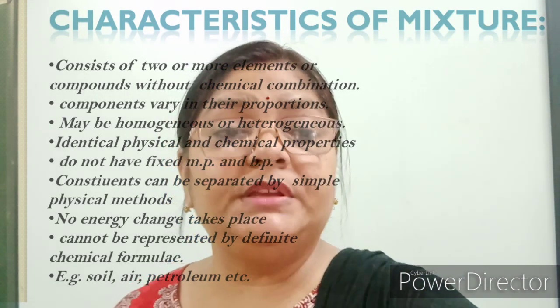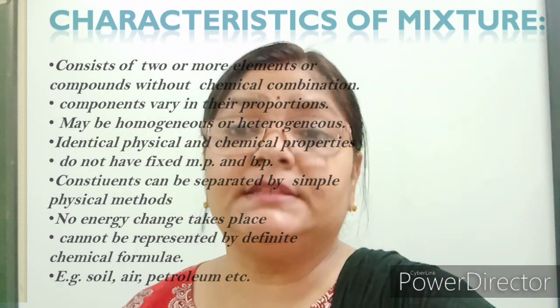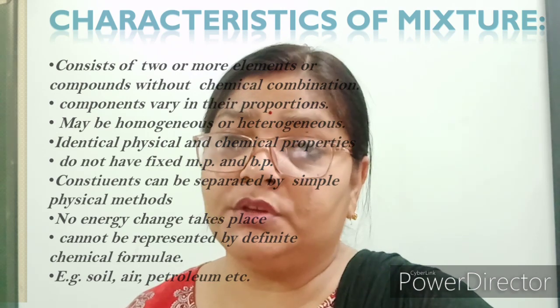Now the properties of mixtures. A mixture consists of two or more pure substances that exist together without any chemical combination between them. They do not combine chemically; that is, there is no give and take of electrons. They are just physically combined. That is, the solute particles become very small and place themselves between the solvent.